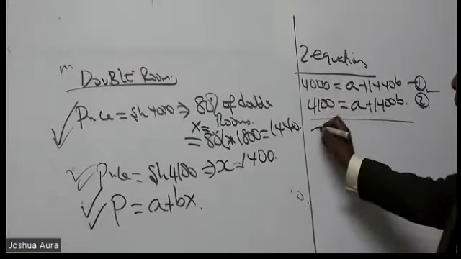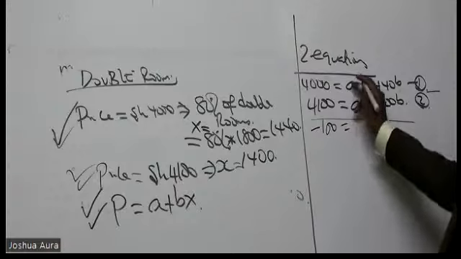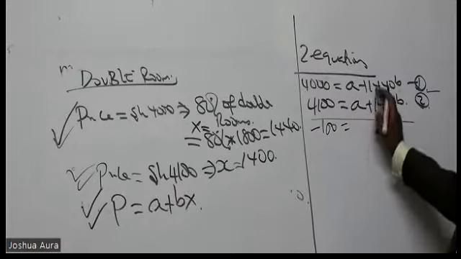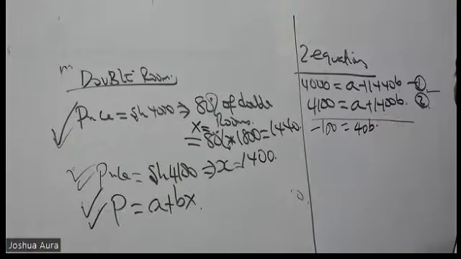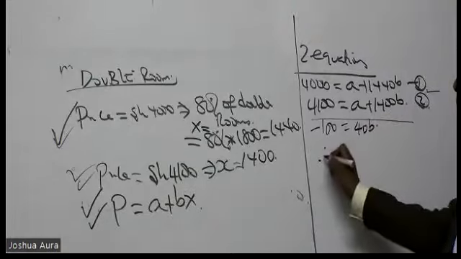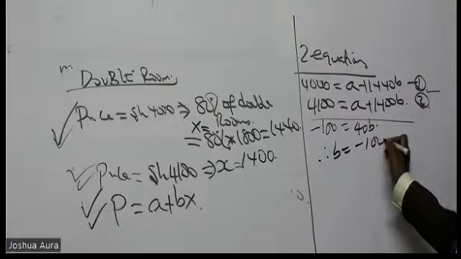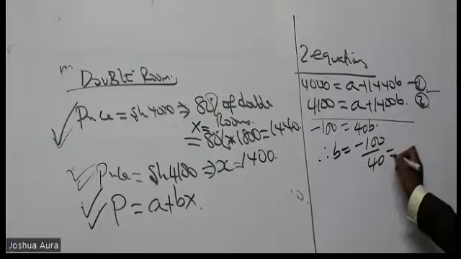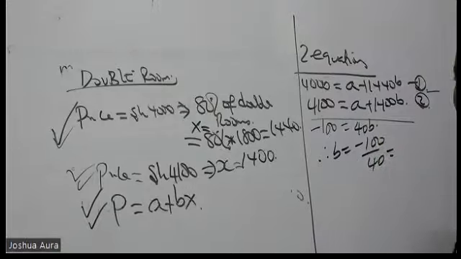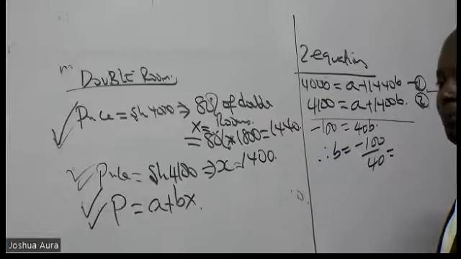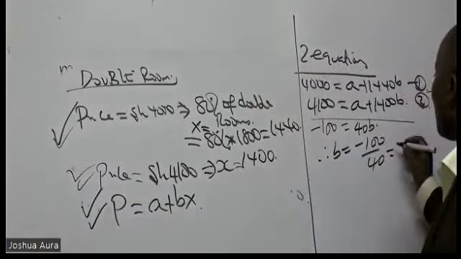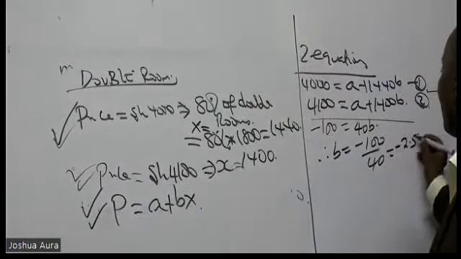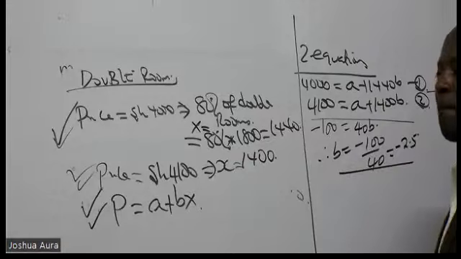So this gives me minus 100 equals 40B, as A disappears. Meaning that B will be minus 100 over 40, which gives me minus 2.5. Thank you very much. So minus 2.5 is the value of B.